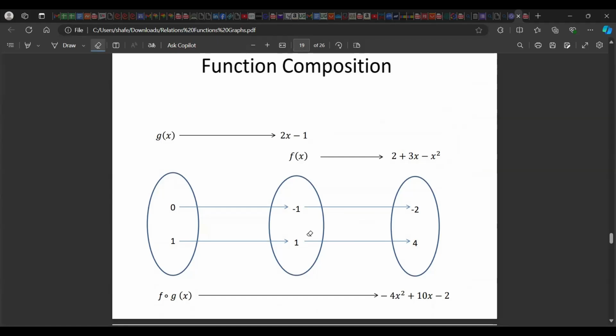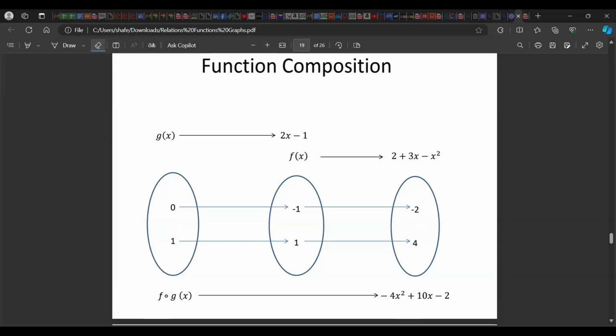We take the output now of g of x and we put it into f of x, right? So the output of g of x becomes the input of f of x, and we produce another output. We put minus 1 in the place of x, then we put 1 in the place of x, and we get this output. Now, if you were to use the composite of f and g, and you put in 0 and 1, you will get minus 2 and 4 directly.